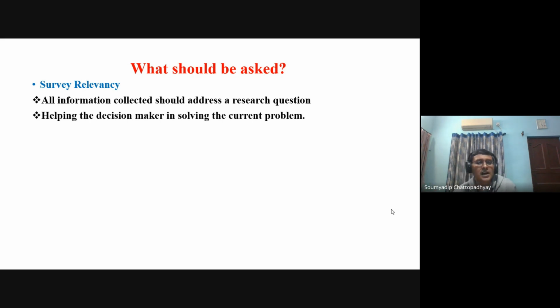So it is very important to concentrate only on information that specifically addresses the research questions we are interested in. If we take this seriously, then only can our questionnaire be concise and short, and it will also help decision makers in solving the current problem. So, survey relevancy is one aspect.